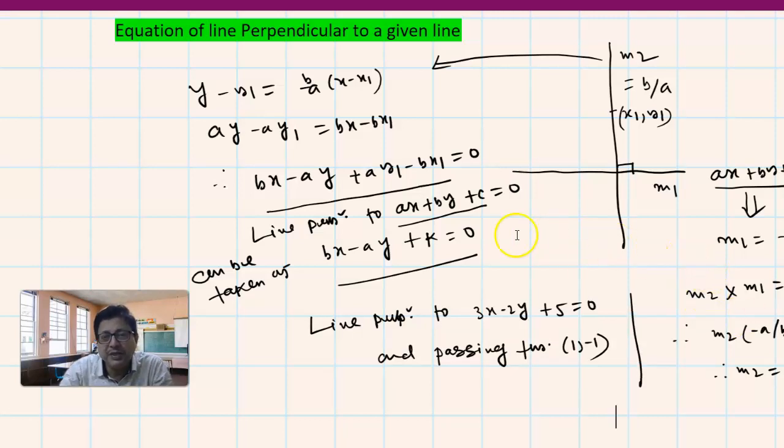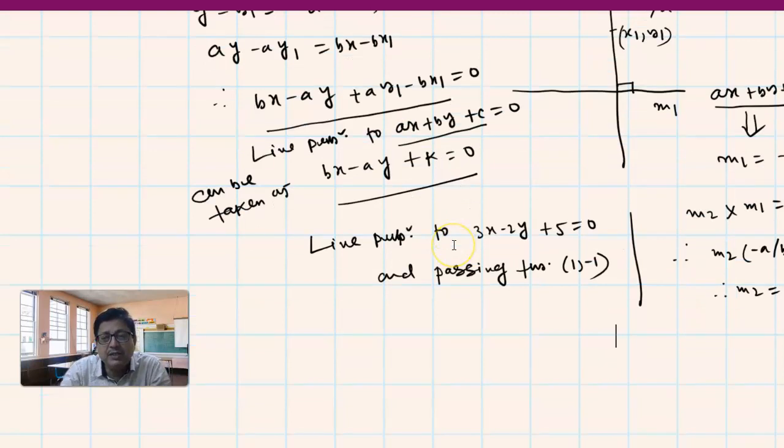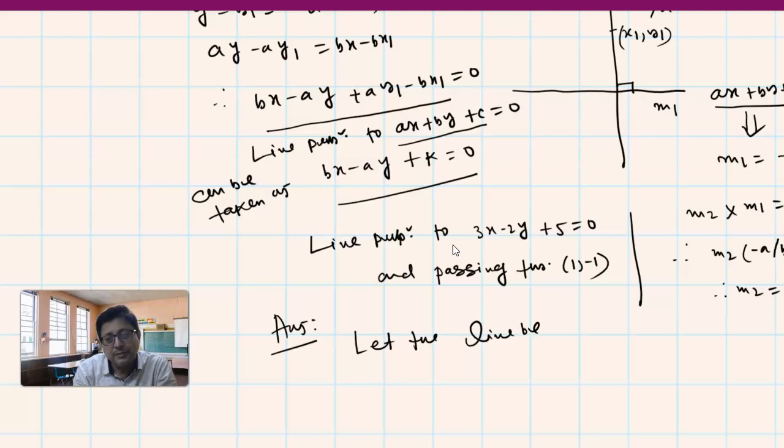What will I do here? I'll just remember these steps. So answering in this manner, let the line be 2x plus 3y plus k equal to 0.